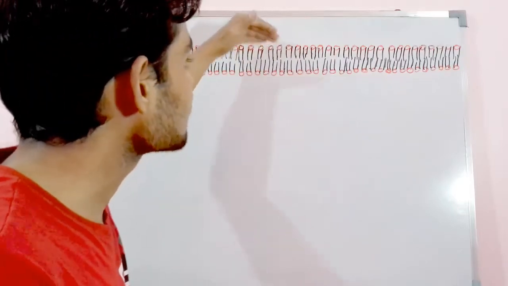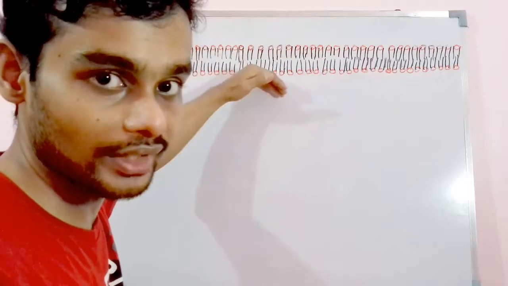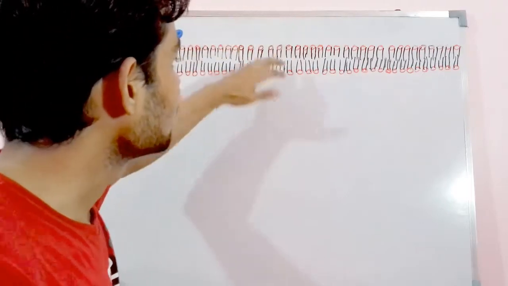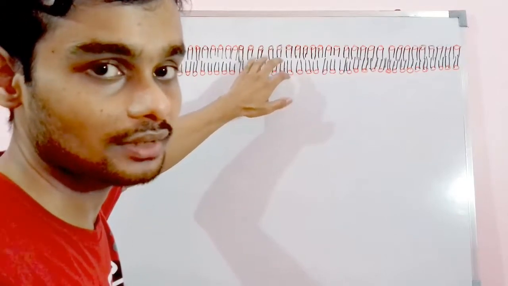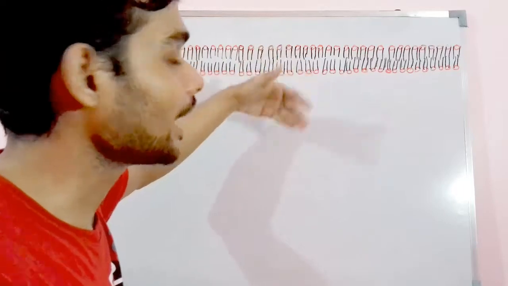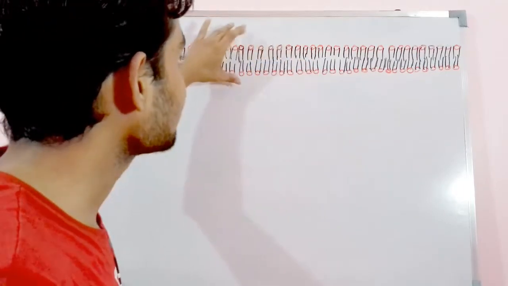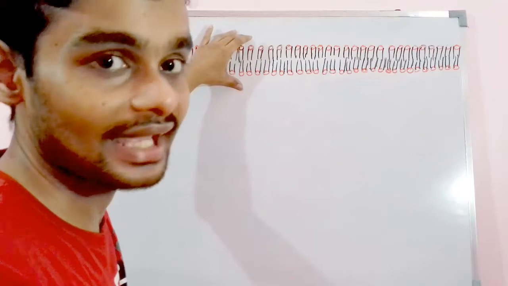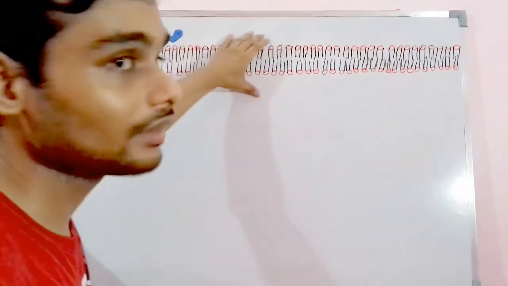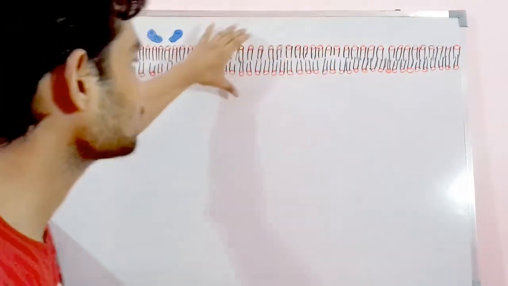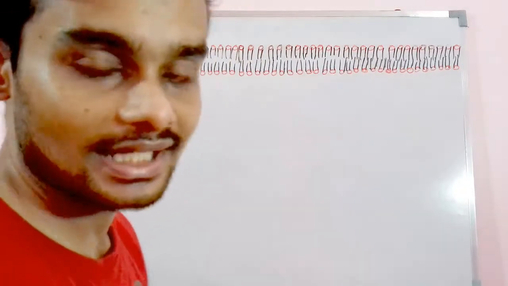The red colored ends are the polar heads or hydrophilic heads, and the middle portion is the non-polar or hydrophobic part. Now there is a specific receptor which lies across the entire membrane, the trilamellar or fluid mosaic membrane of the hepatocyte, which is called the tyrosine kinase receptor.